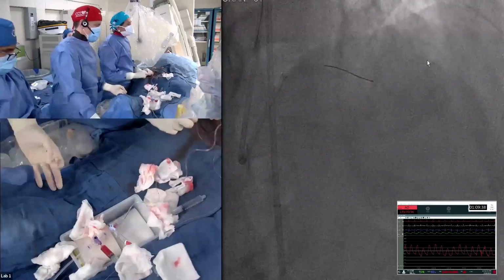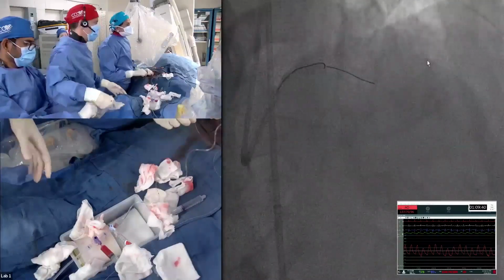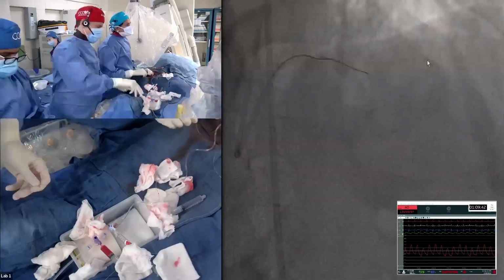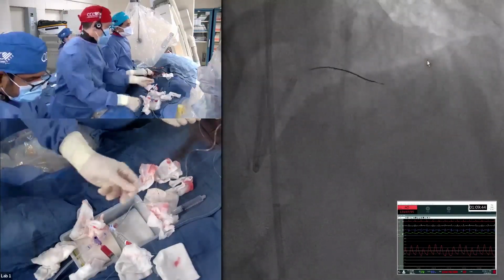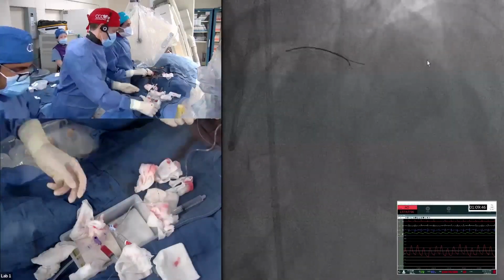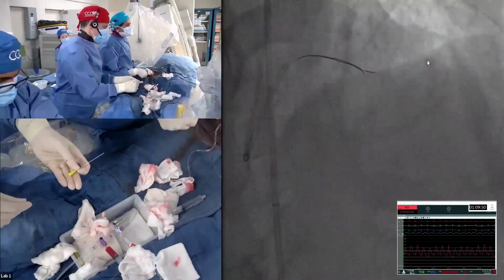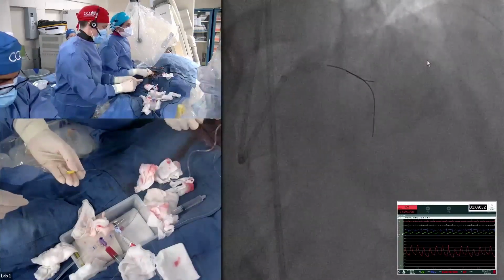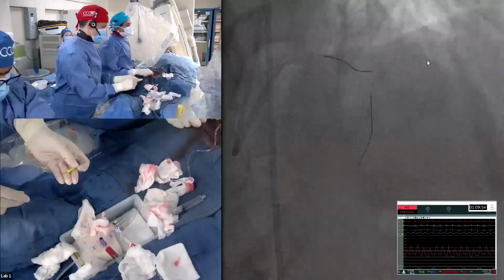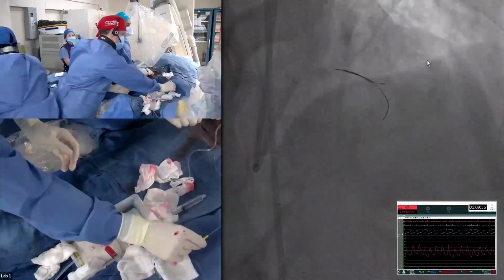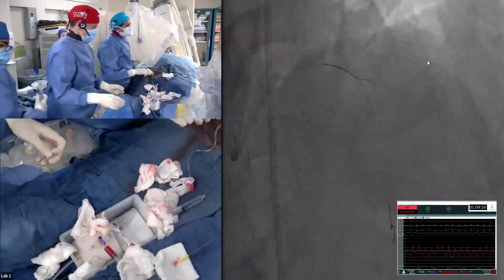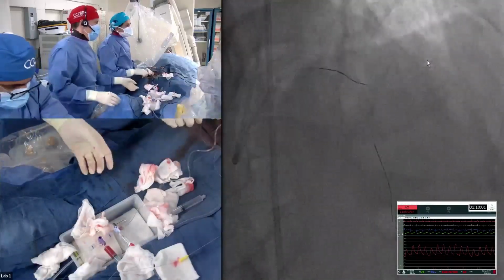Get the Fielder ready. I mean, there's a secondary benefit to coming down with the second wire and keeping the rotablator wire in position, obviously it helps deliver subsequent things as well. Yeah, I usually do that too. I leave the atherectomy wire, whether it's ViperWire or this, along, and then a wire alongside with a workhorse. She got the LAD already. And then the balloon, actually, you use it as a poor man's cutting balloon too, so it actually allows you to yield also.